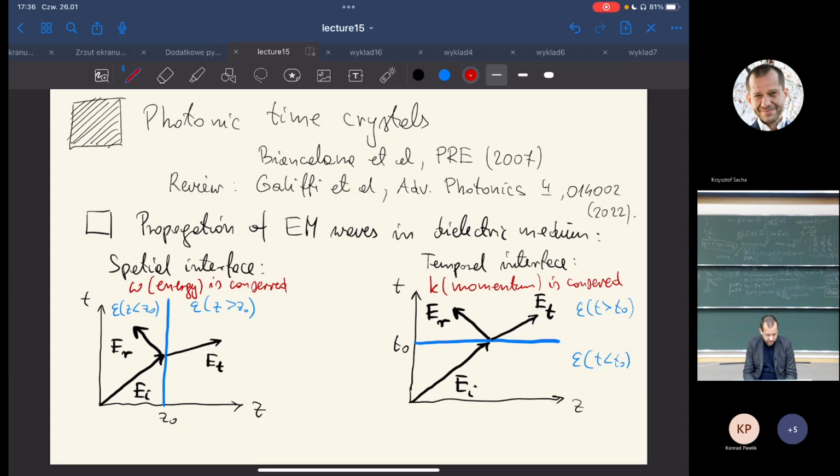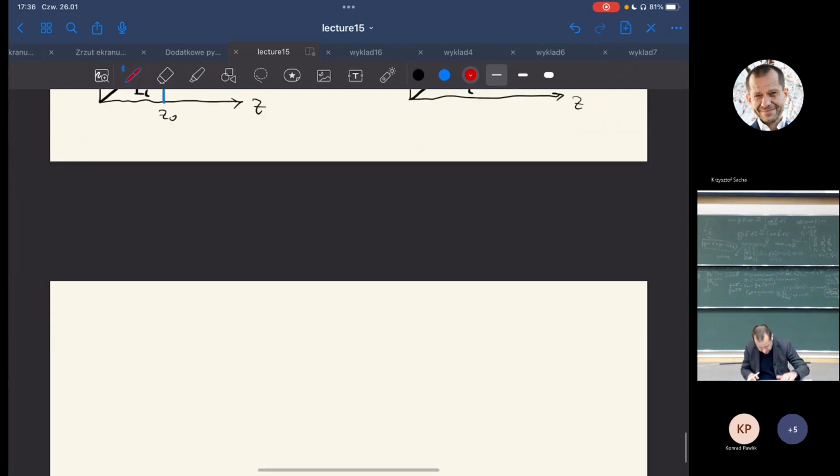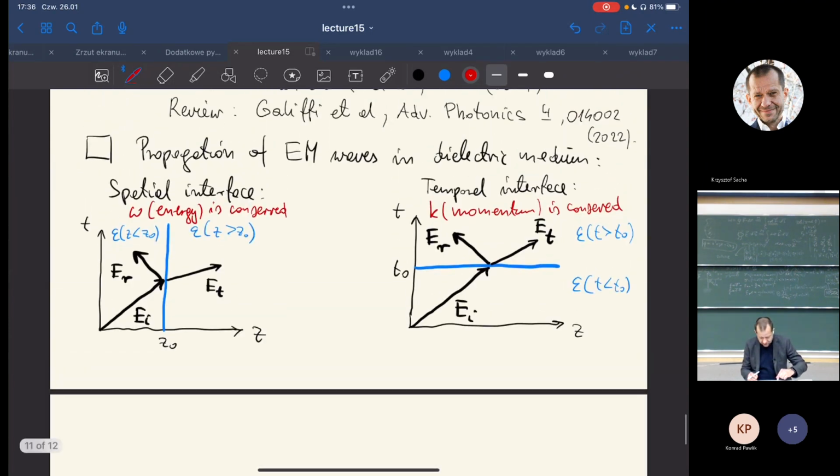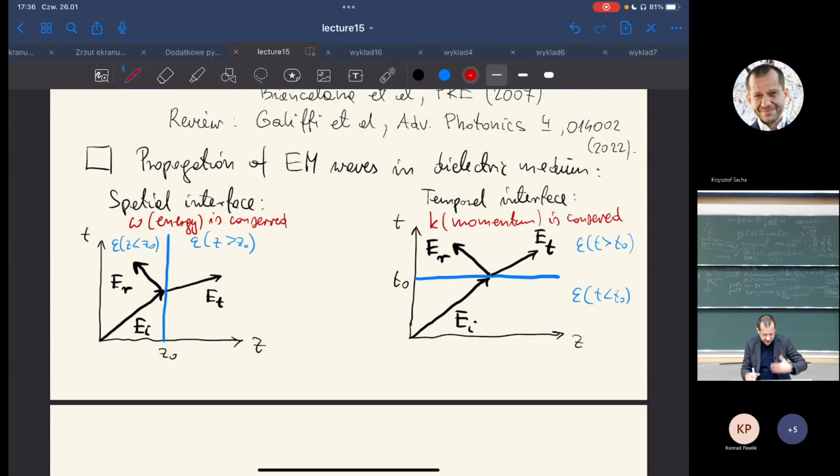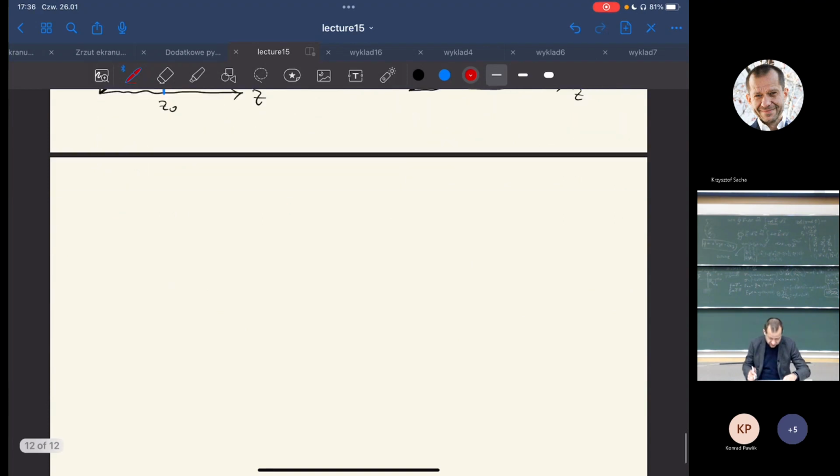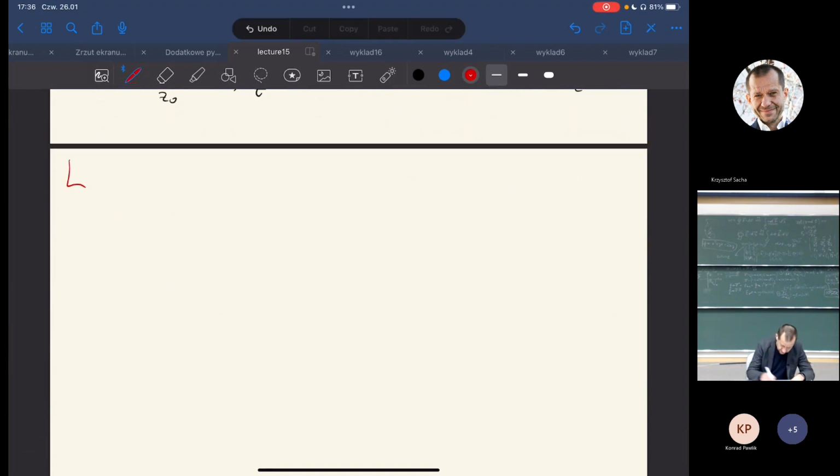But before I switch to time crystals, let us consider something which is much better known, and which in a laboratory is a standard medium to control, investigate, and prepare, which is the photonic crystal, but in space.